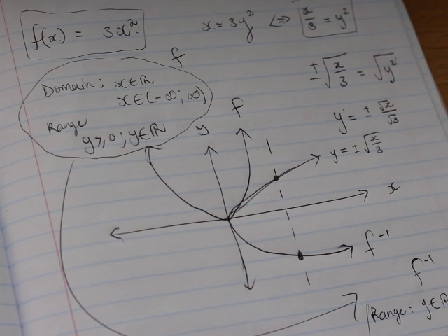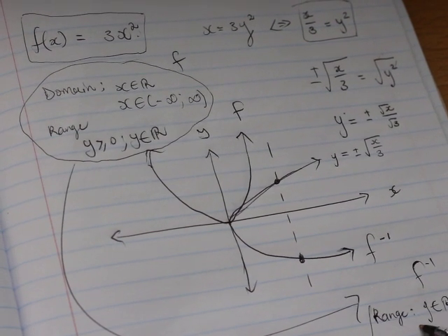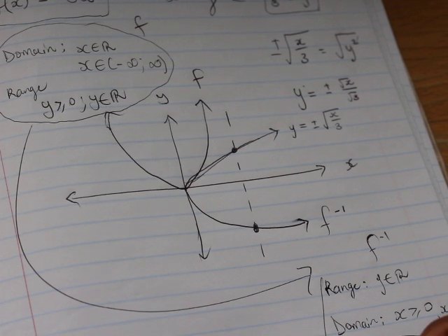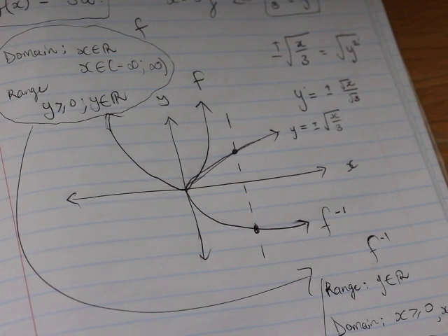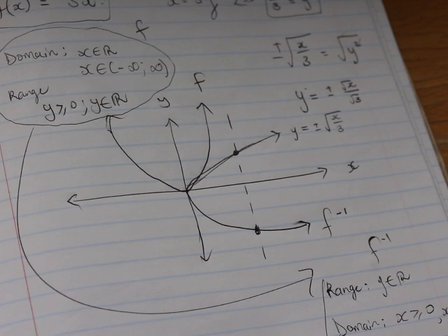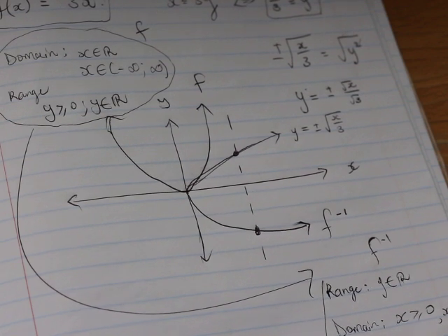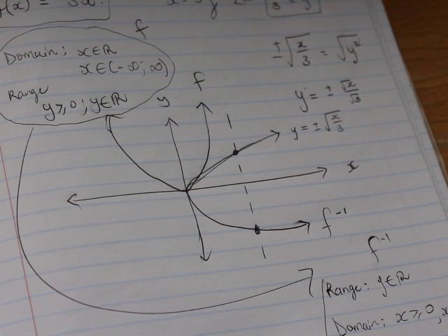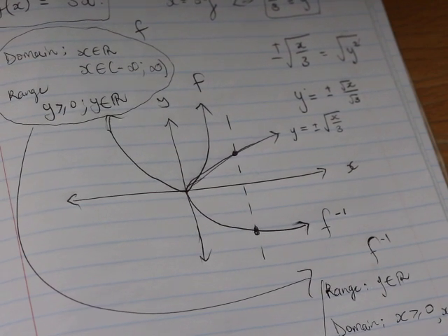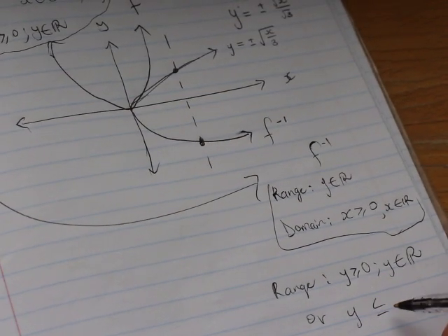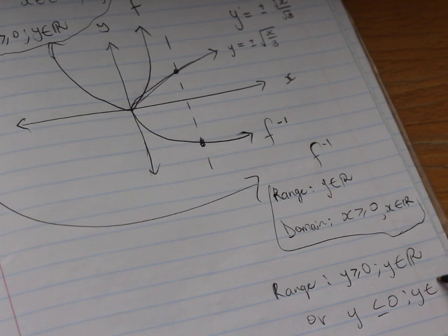So we're going to split the range into two sets. The range now becomes: y is greater or equal to 0, y element of real numbers, or y is less or equal to 0, where y is an element of real numbers.